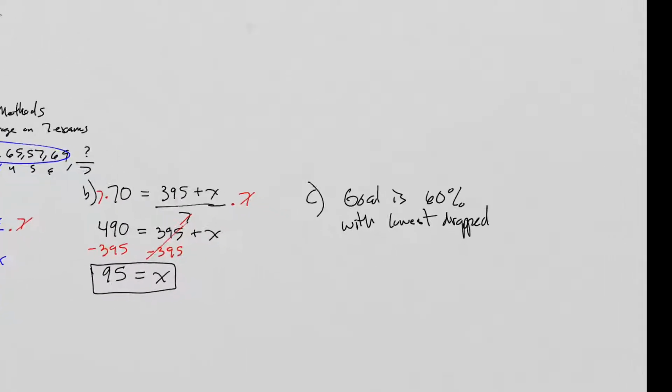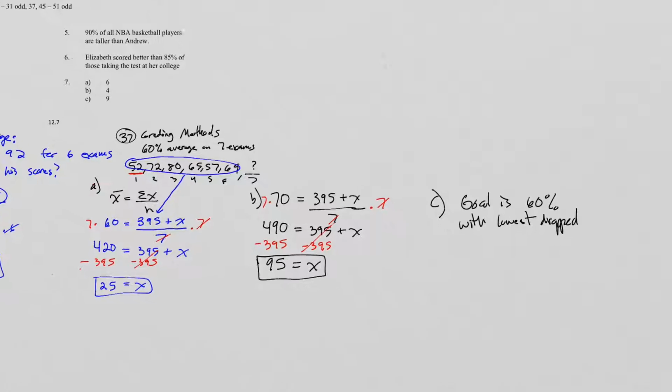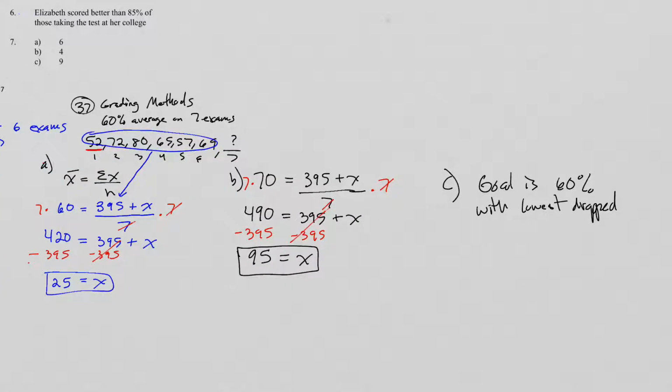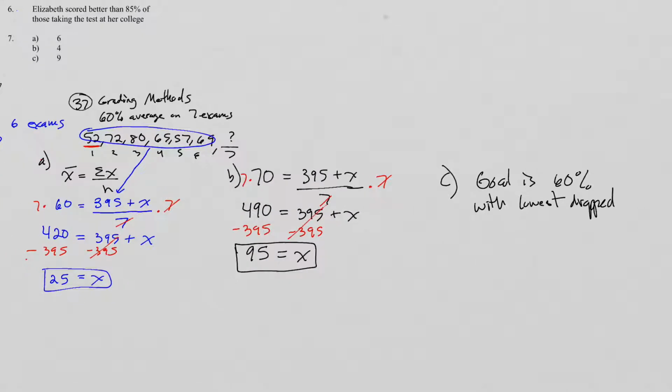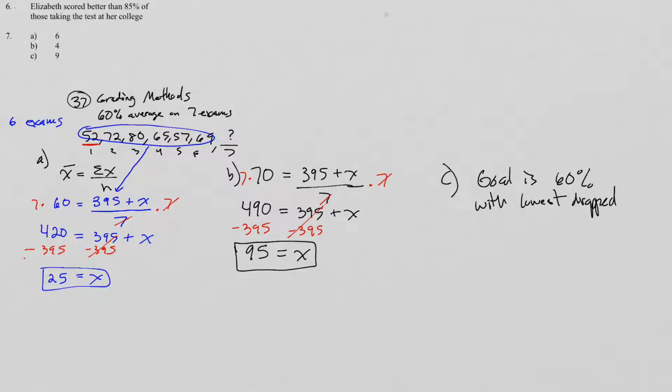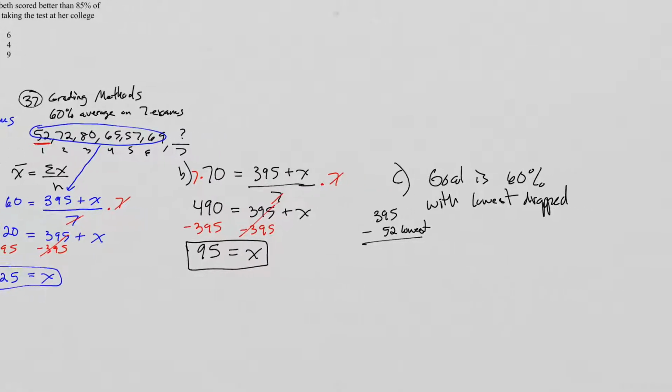Okay, so we're going to go ahead and drop. See, the lowest was that F, right? That 52. So we're going to subtract. So 395 minus our lowest. That's going to give us 343.